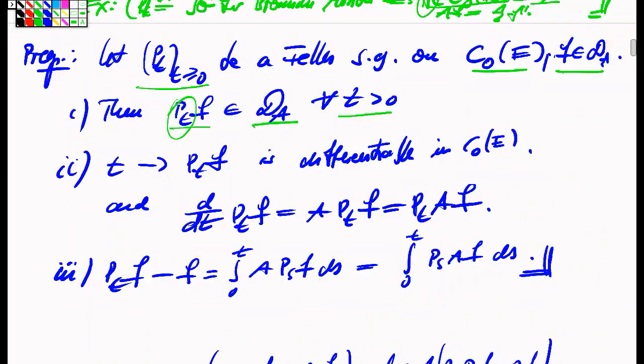Moreover, this function of time, which assumes values in the space of continuous functions vanishing at infinity, is a Banach-valued function which is differentiable in this Banach space, and the derivative of this function is computed as A P_t f, which can also be written as P_t A f. So the derivative of this function brings about the operator A in an explicit fashion.